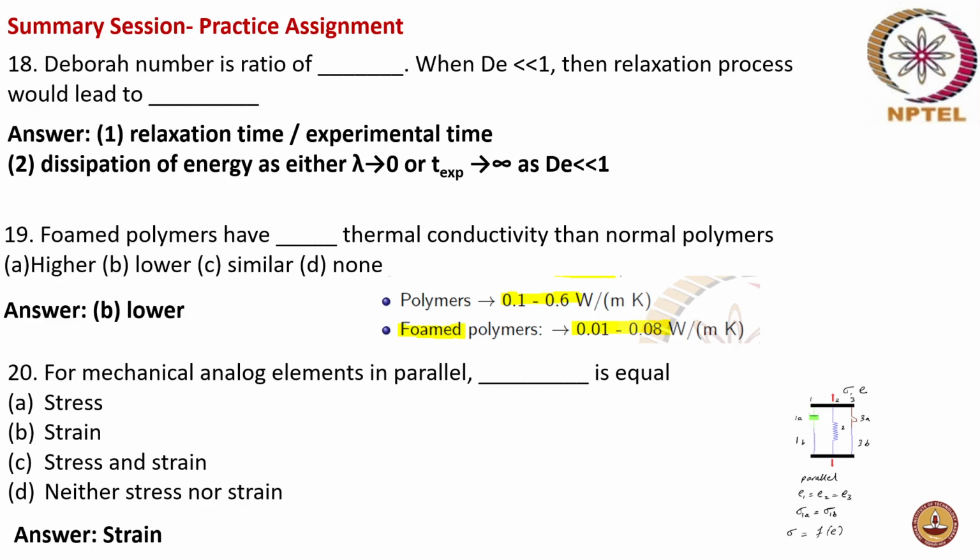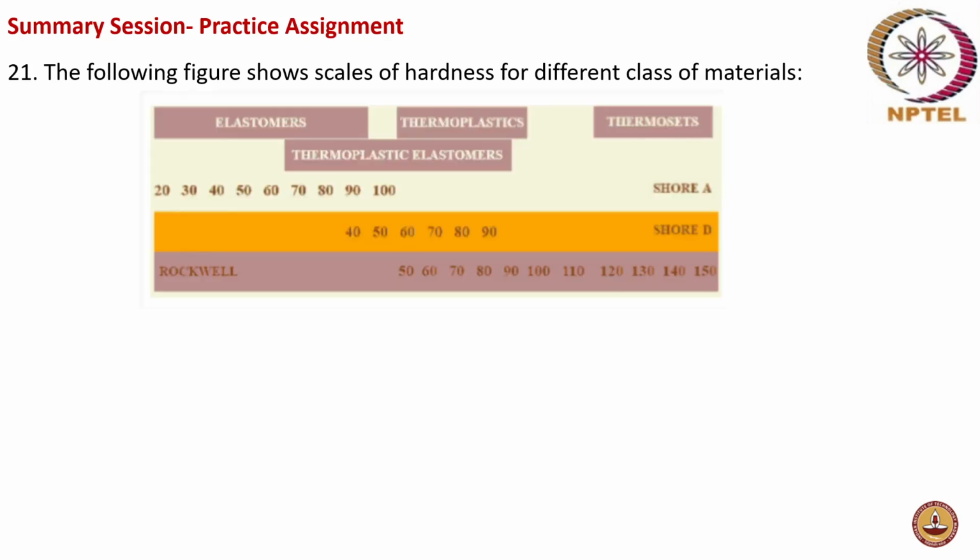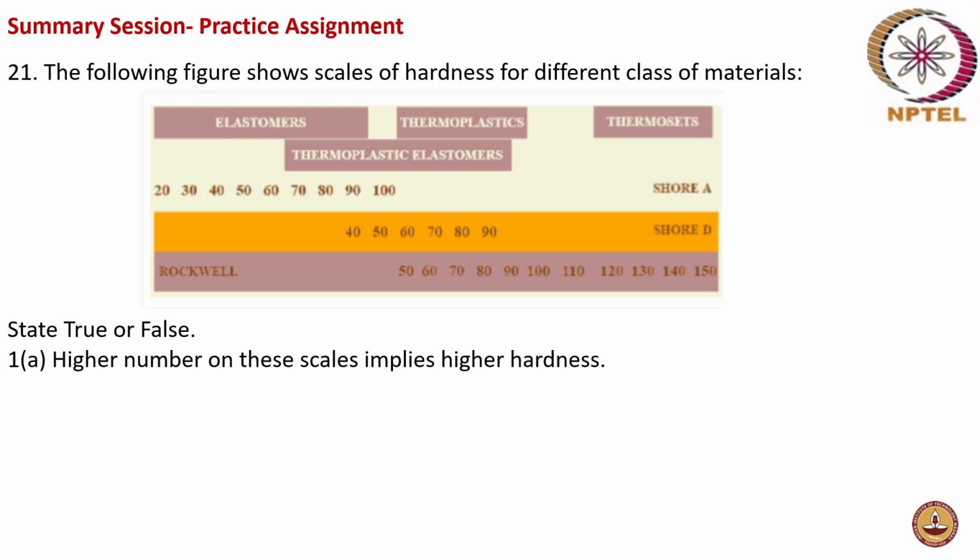Okay. Next question. The following figure shows scales of hardness for different classes of materials. They have shown Shore A, Shore D, and Rockwell hardness values for elastomers, thermoplastics, thermosets, and thermoplastic elastomers. Now you have to state true or false. Higher the numbers on these scales imply higher hardness. Is it true? False.